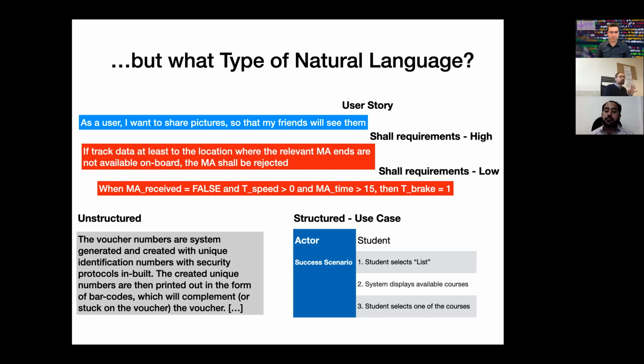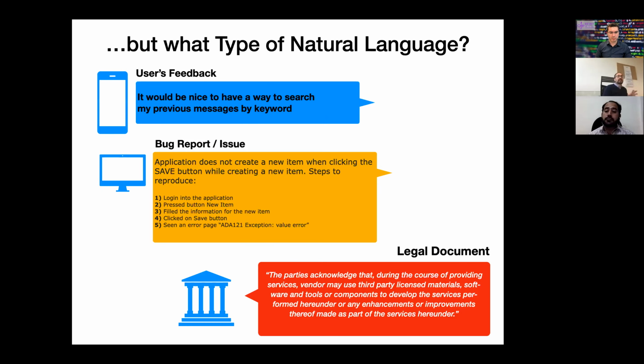But we also have other types of documents that are within the scope of requirements engineering and NLP applied to requirements engineering. For example, users feedback. App reviews actually include relevant information that can be used for requirements engineering, for product improvement, for example.